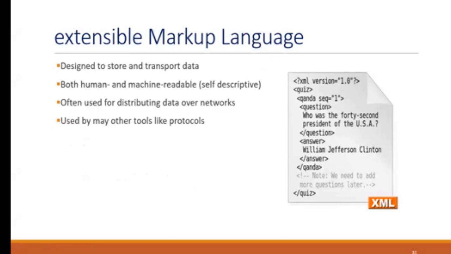What you can do with XML is you can store data in an XML file, or you can send, transport data using an XML file. Normally, to store data, we use databases, right? We store data in a database.